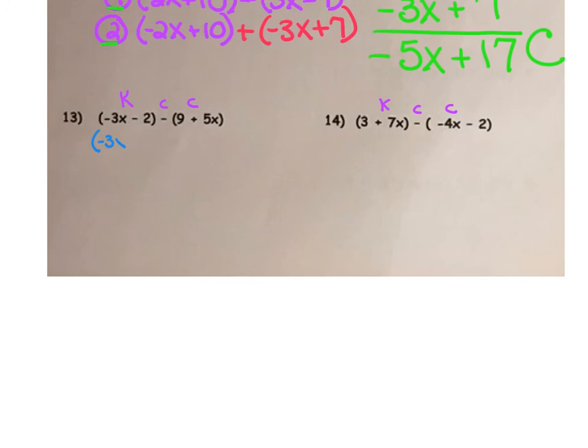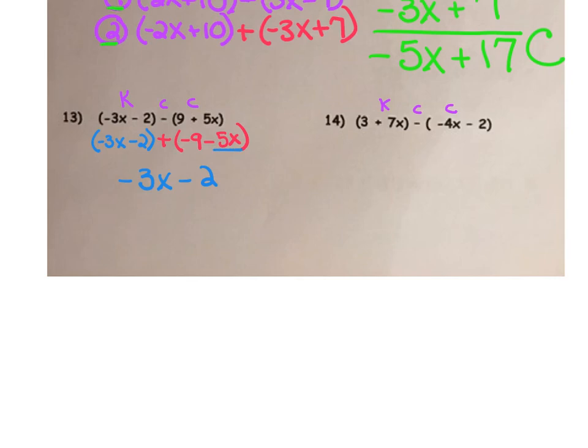The negative 3x minus 2 stays the same. However, we must change subtraction to addition and flip each term to its opposite. When we're ready to stack, we like to put the x terms up front and the constants behind.